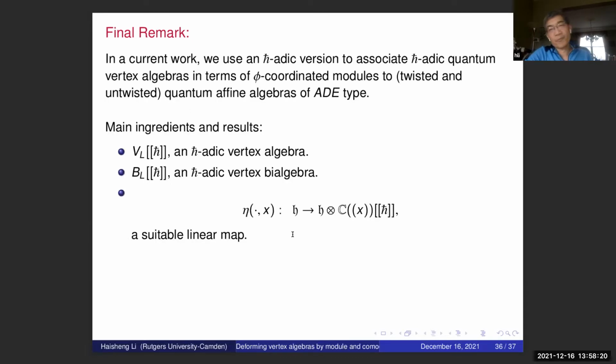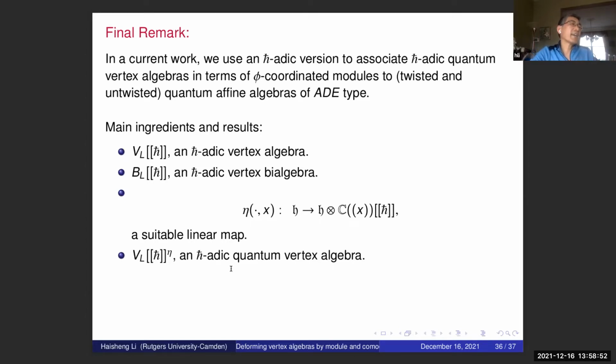Then for that F, we call it eta, some linear function from the group algebra to the group algebra, but here it involves H. This comes from the definition of quantum affine algebra, using the braiding to define this. We use that format, and on the H-additive vertex algebra, we use the previous result, and we can get an H-additive quantum vertex algebra.